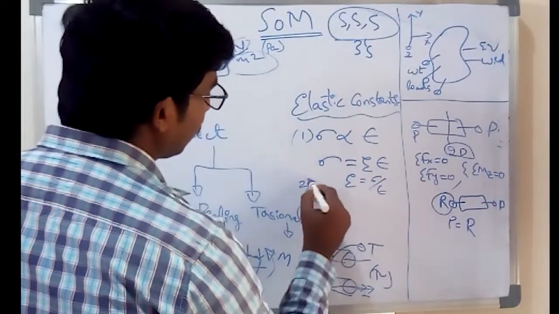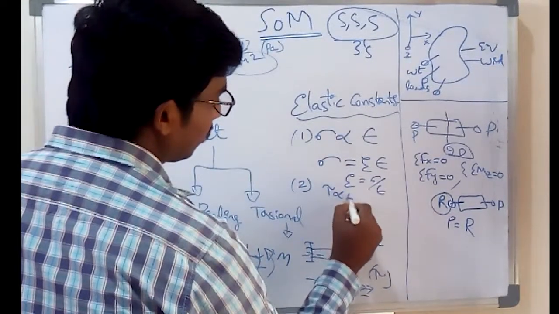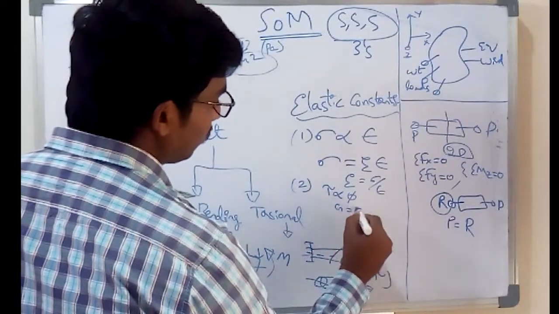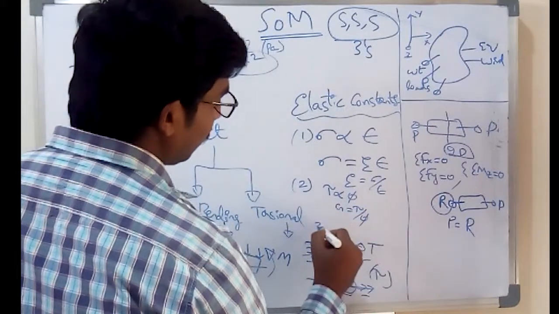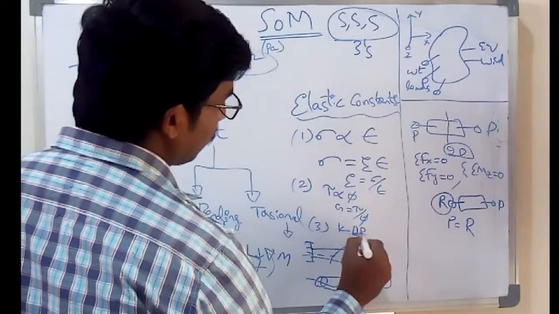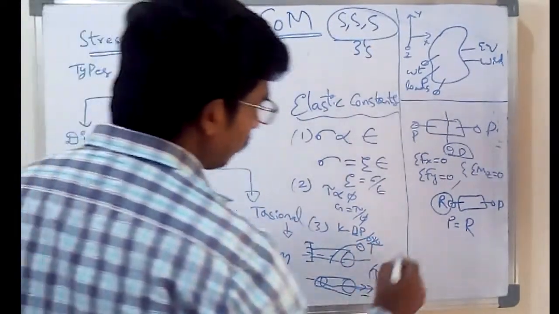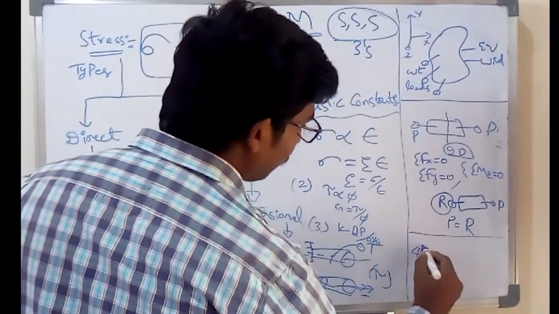And second, similarly, shear stress is directly proportional to shear strain, and G equals shear stress by shear strain. And similarly, K equals pressure upon volumetric strain. And the last one is Poisson's ratio.